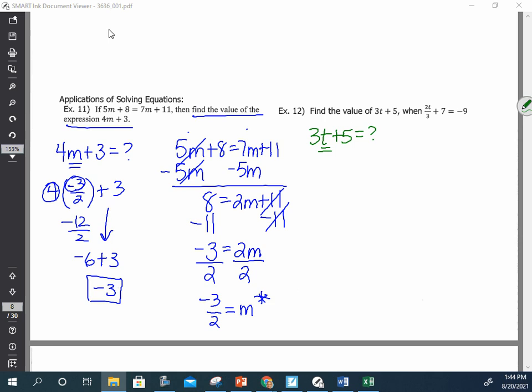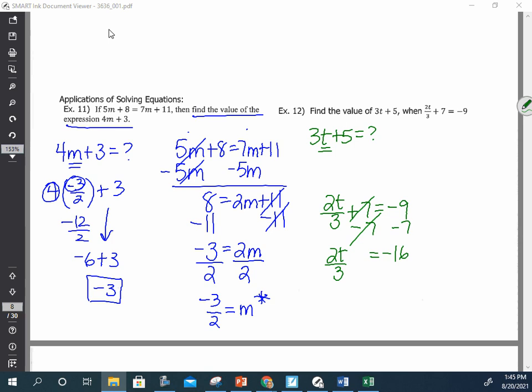Luckily, we have an equation that we can use to help solve that out. 2t over 3 plus 7 equals negative 9. So to start solving out the problem, subtract the 7 over. So you've got 2t over 3 equals negative 16.